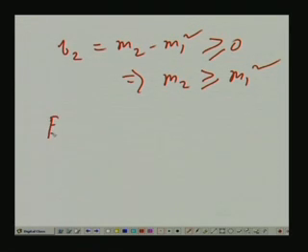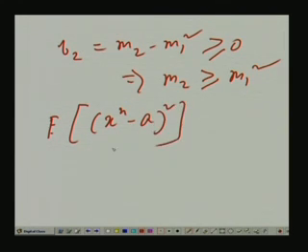Similarly, consider this quantity as an example. A is any number and we take the whole square. Okay. Now, for any A, I know this has to be greater than equal to 0, this cannot be negative. But what does it mean?